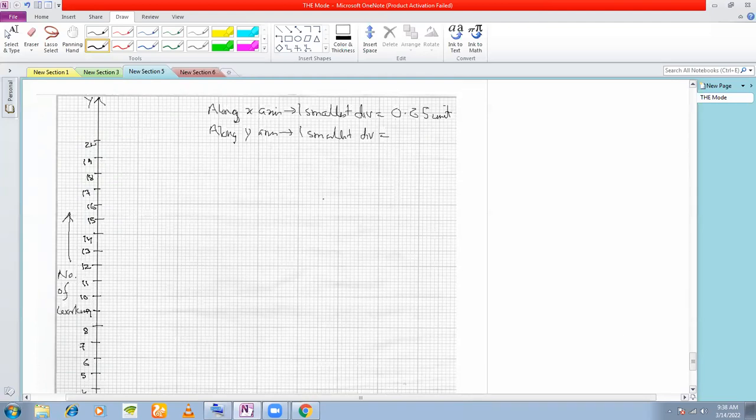Now let us start drawing, let's write the scale here. So 5 divisions here is 1 unit. Therefore, 1 division here is 1 by 5 unit, which is 0.2 unit. So that means this is 0.2 unit.